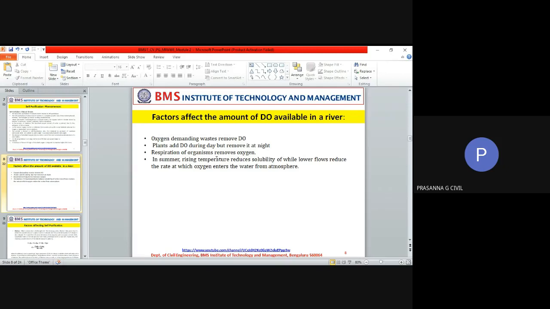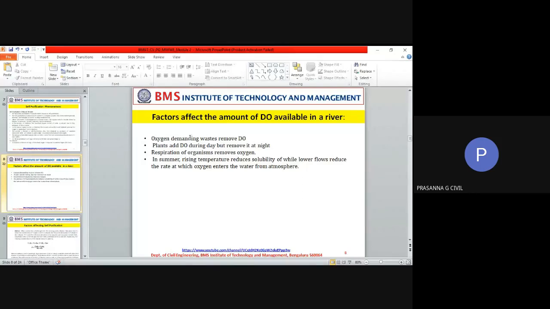Temperature. Oxygen quantity is inversely proportional to the temperature. That is, when temperature rises, oxygen concentration lowers. So oxygen gets liberated into the atmosphere when your water gets heated up.